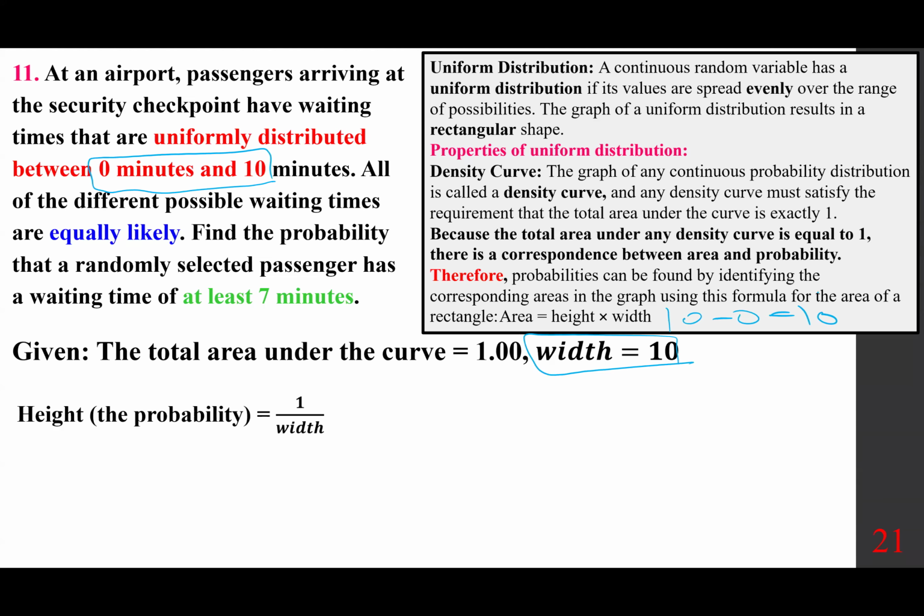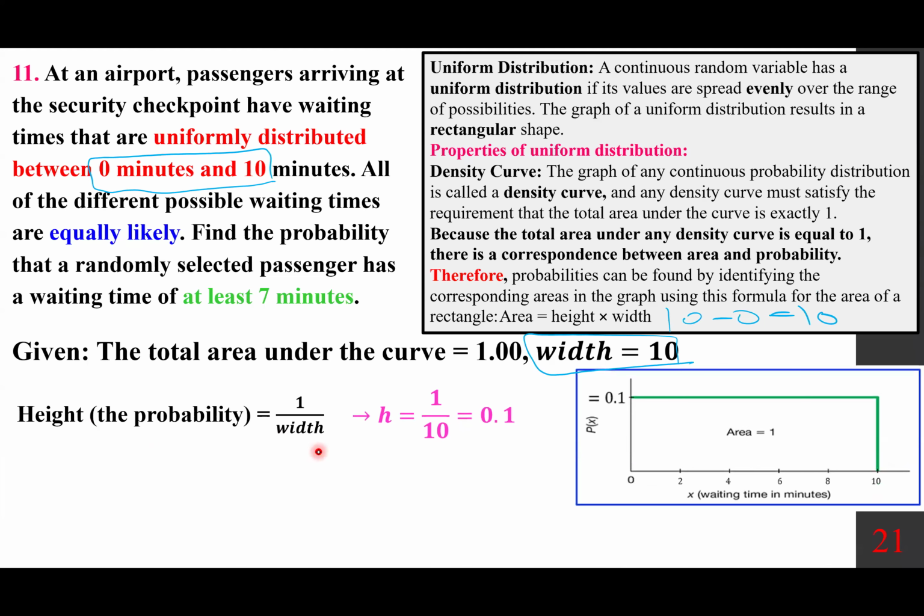The height, which represents the probability, must be 1 over width, so 1 over 10. If we look at the graph here, we go from 0 to 10, and the area must be 1, so the height must be 0.1.